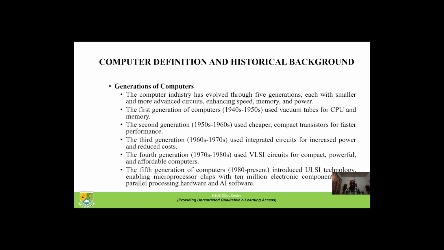The vacuum tubes were replaced with a device, the transistors, in the second generation. The second generation, around the 1950s to 1960s, used cheaper, more compact transistors for faster performance. And then the third generation, around the 1960s to 1970s, used what are referred to as integrated circuits for increased power and reduced cost.